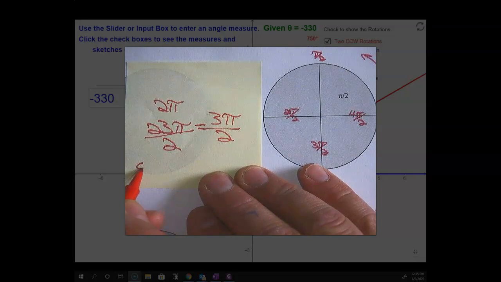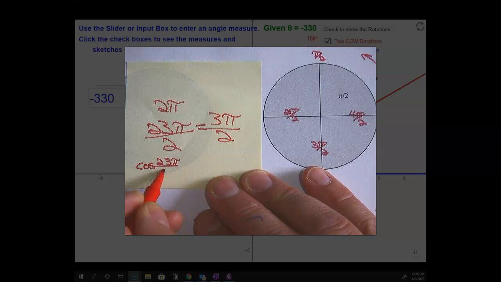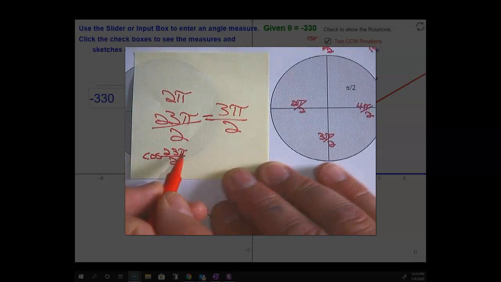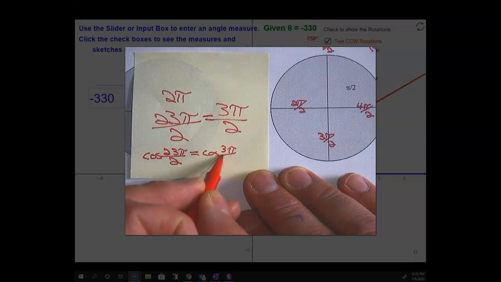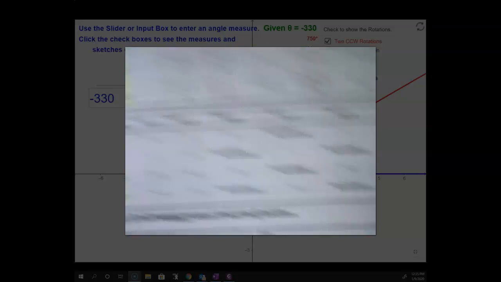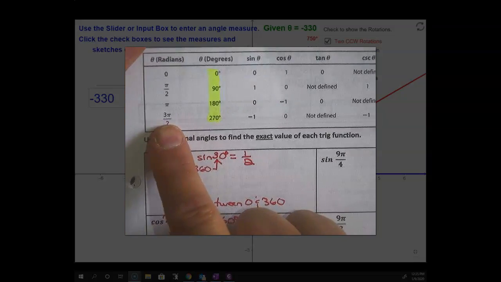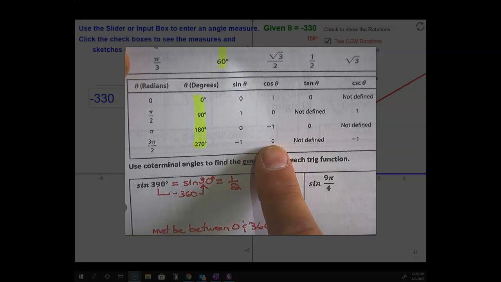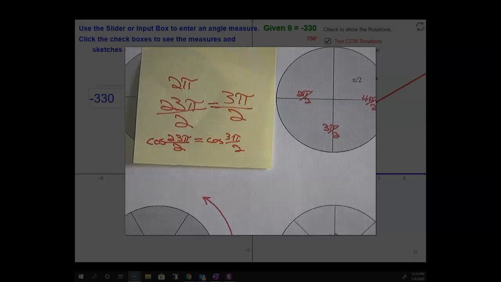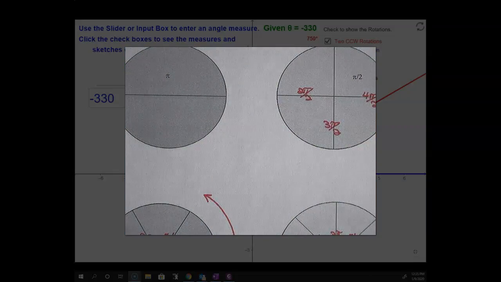So if I asked, what's the cosine of 23 pi over 2? You could say that's the same as the cosine of 3 pi over 2, and then go to your chart. There's 3 pi over 2, there's the cosine. That's why we get these numbers down to between 0 and 2 pi.